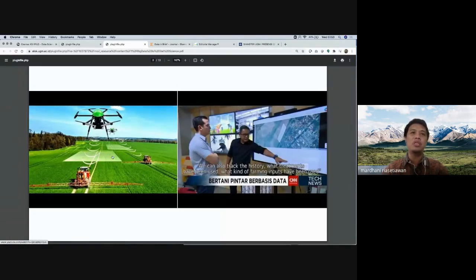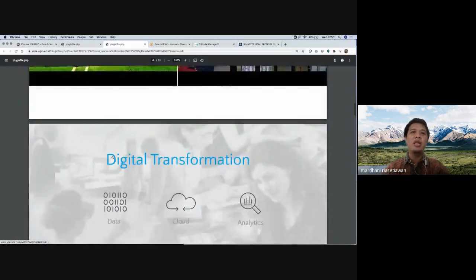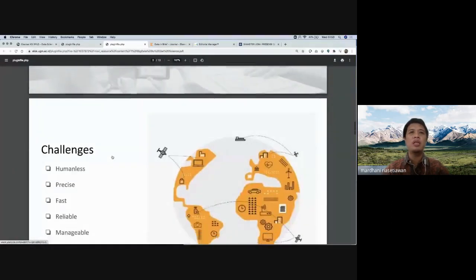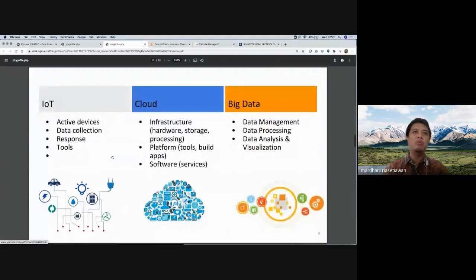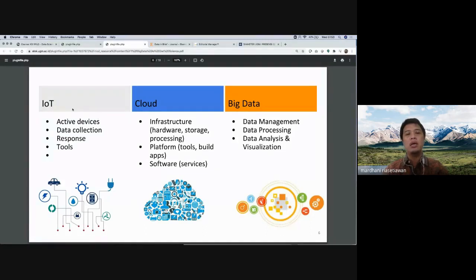Okay, I will skip this one. What we realize is that the source of data can be from the Internet of Things. These are devices that work as active devices and collect data from the environment, let's say temperature, humidity, or other things, and also respond.